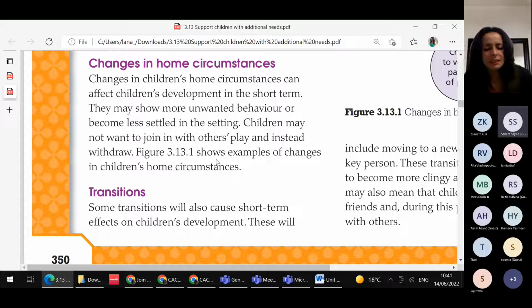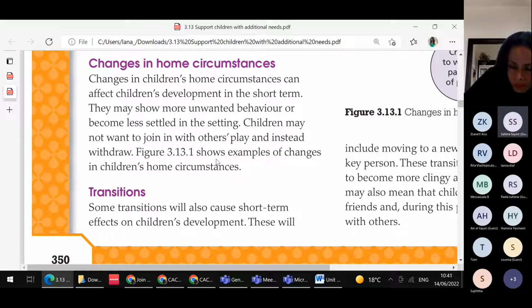They will become unsettled when they see, let us say, their parents fighting. The child will feel unwanted, unsatisfied, unsettled. This may affect the child's development. He wouldn't want maybe to play. Instead, he will be maybe withdrawn, sitting in his or her room and not wanting to talk to his parents. So all this would affect the child's development.